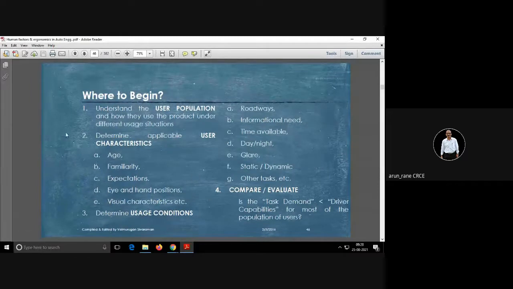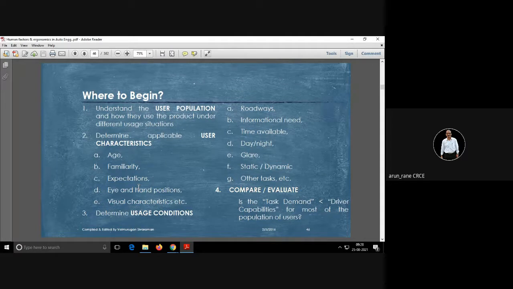Then how to begin? You have the data of the human beings, the data of the populations, right? You have data in terms of age, experience, qualifications, and what the operator wants from a workplace design.